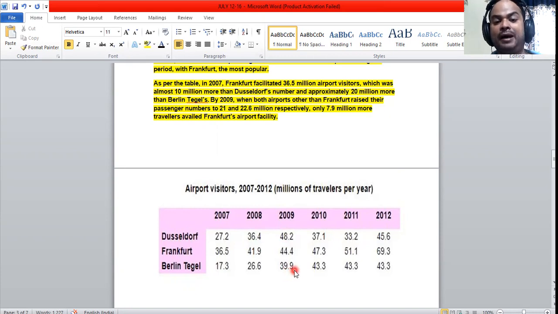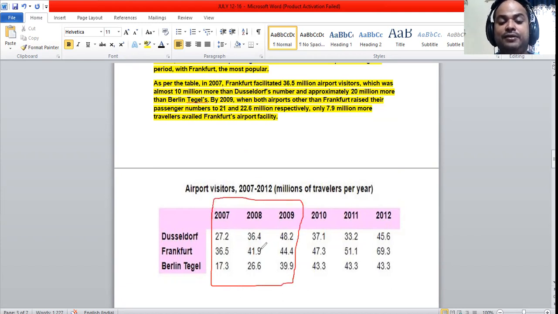When by 2009, this is the thing, only 7.9 million more travelers avail Frankfurt's airport facility. So during this period, only 7.9 million more avail Frankfurt facility. So I have missed some of the data here because it is insignificant. I categorize this point like 2007, the data of 2007 to 2009.